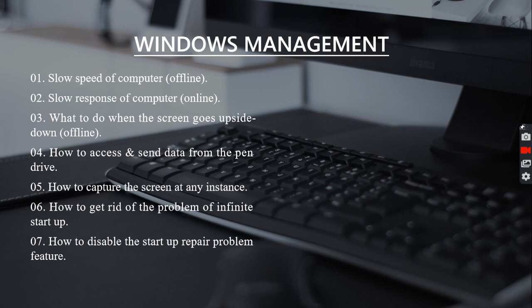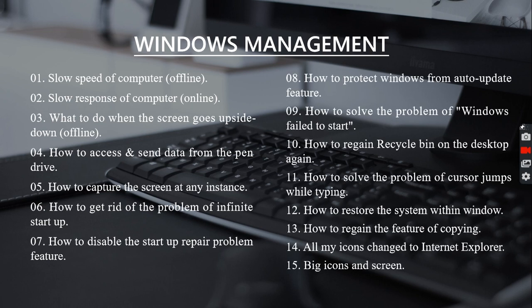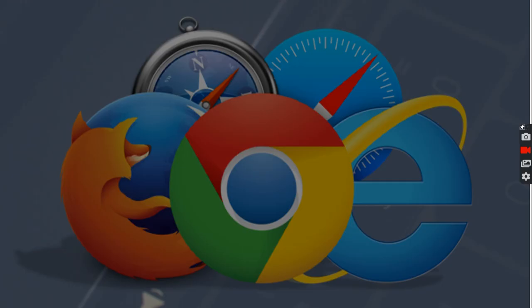There are n number of problems that you face, so I have summarized it to 15 major problems that everybody faces. These can be the majority of the problems that users encounter. So we'll be discussing this.